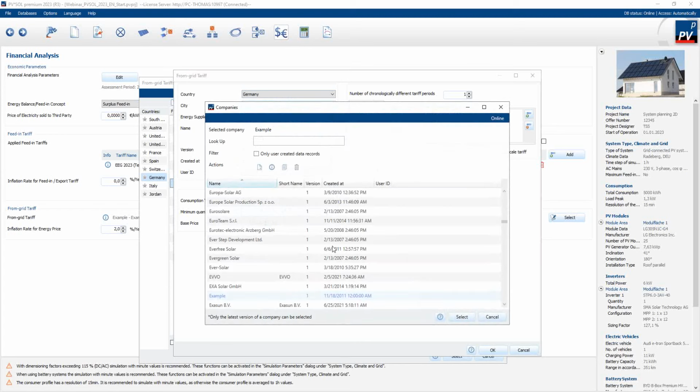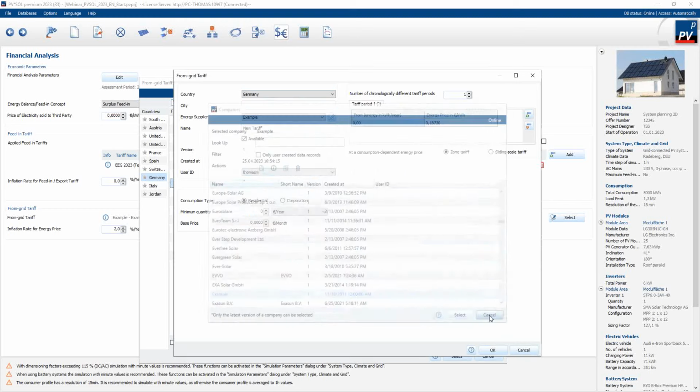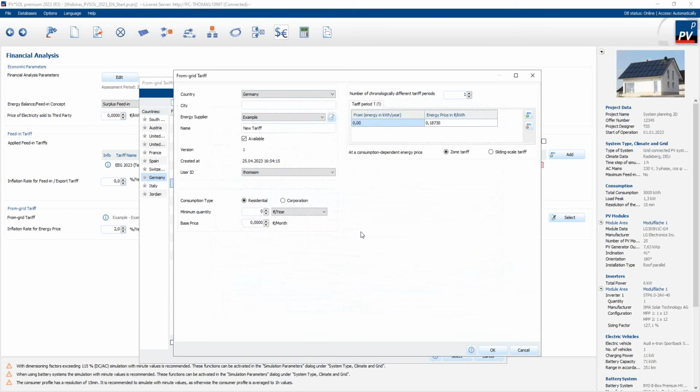If it's not available, then you can create your own one here and enter the name of the power company. You can give it a name and also define if the consumption is residential or corporate, but this is just for information, it doesn't matter.